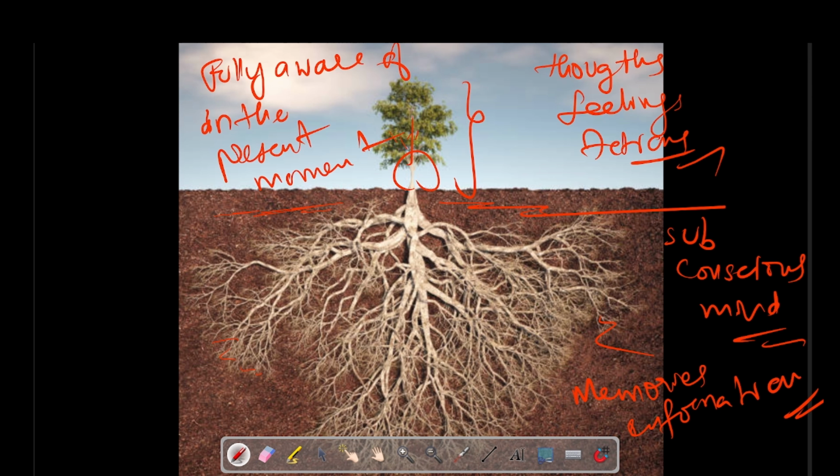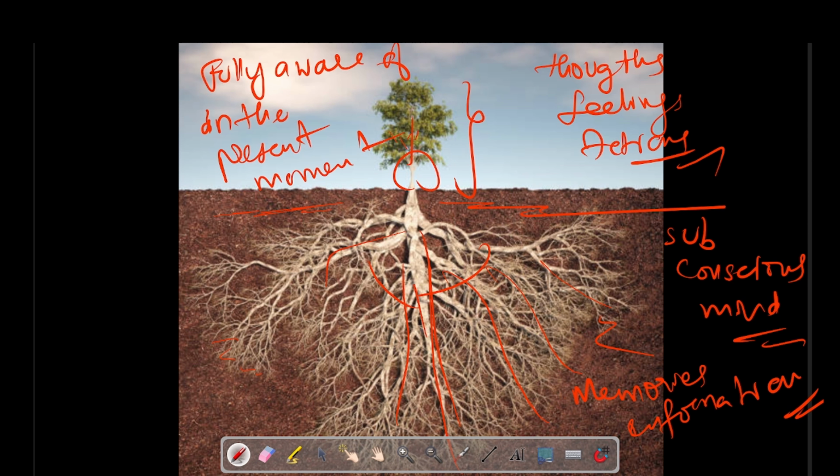Now come to the unconscious mind. The unconscious mind is represented by these deep roots. You can see the deep roots here. These roots are hidden, just like the unconscious part of your mind. It stores repressed emotions, forgotten memories, and desires you are not aware of, but they shape your thoughts and behaviors in powerful ways.